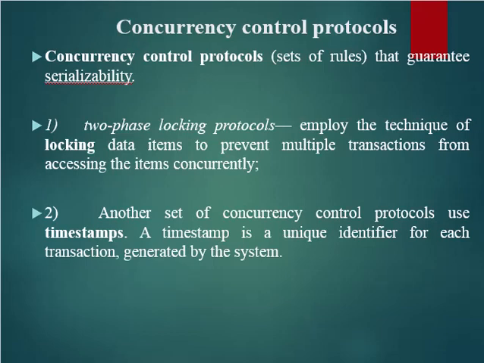A timestamp is a unique identifier for each transaction, generated by the system. Based on the timestamp, a transaction can access a particular data item. The timestamp shows the age of a transaction. We need to discuss only the first one, the two-phase locking protocol.